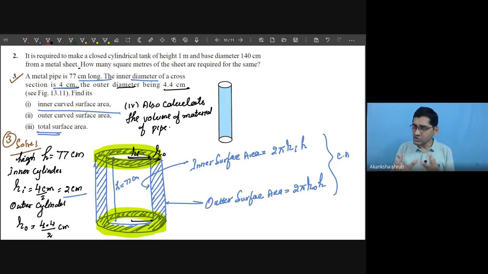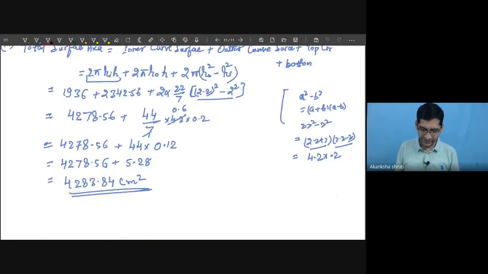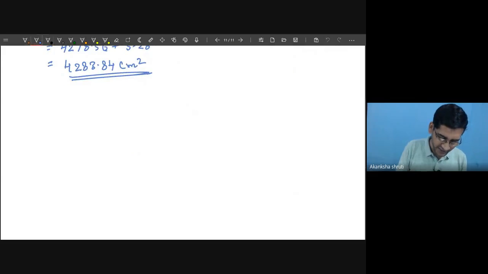If it is totally solid, then it will be simply the outer cylinder, that much volume. But the inner one is another inner cylinder, and that much has to be made empty from this outer cylinder. So the total volume of material is equal to the volume of outer cylinder minus the volume of inner cylinder. So I'm going to write it directly.